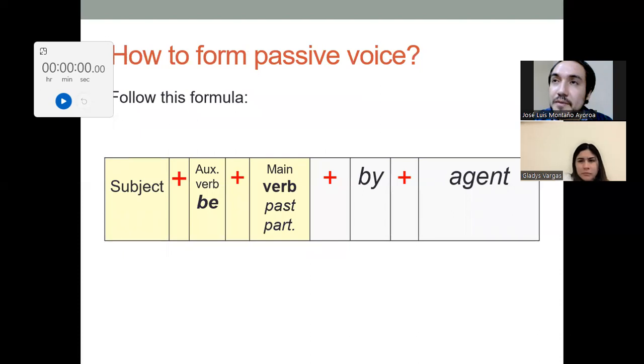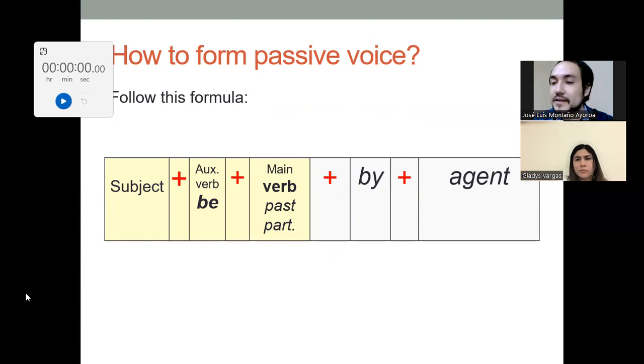Okay, let's say that Brazil, all right, created a new vaccine for COVID. What is the passive voice for that one, Gladys? Of which one, sir?